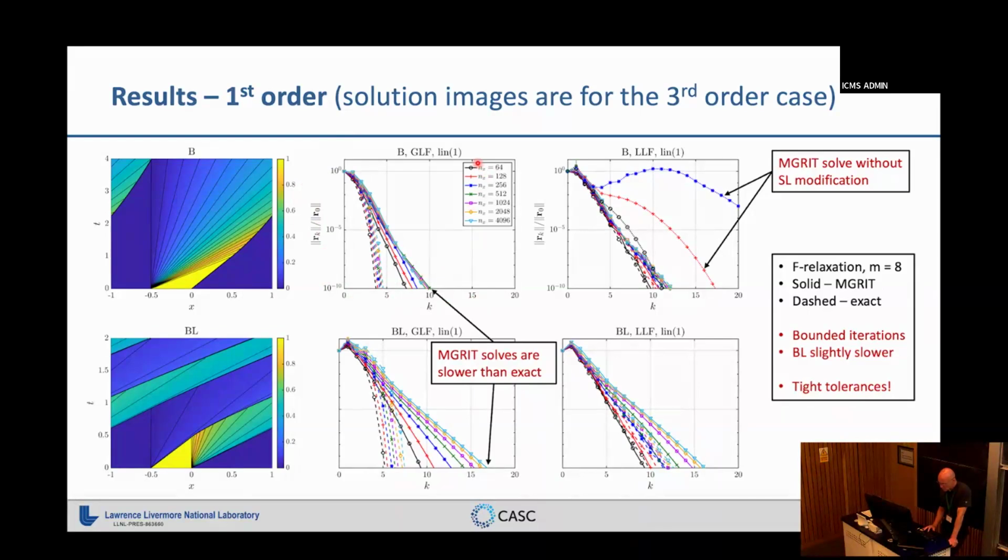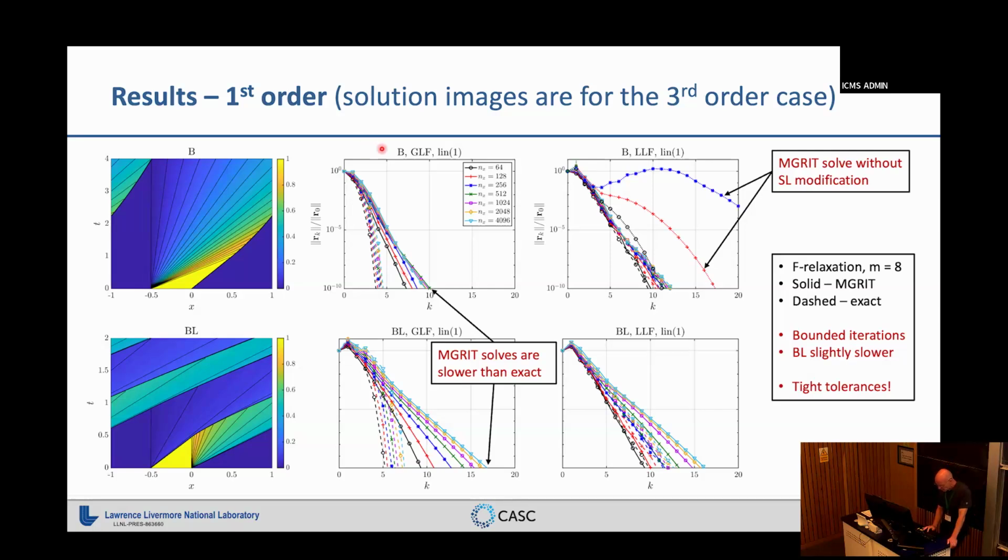The black colors are the smallest case, where the number of points in space is 64. The light blue is the largest, where you have 4096. We also have dotted and dashed lines. The dashed lines are when you solve the preconditioning system exactly, and the solid lines are when you apply the 1 V cycle of MGRIT to it. The solid lines are what we really want, because that's the method that's going to perform well in parallel and give us speedup.